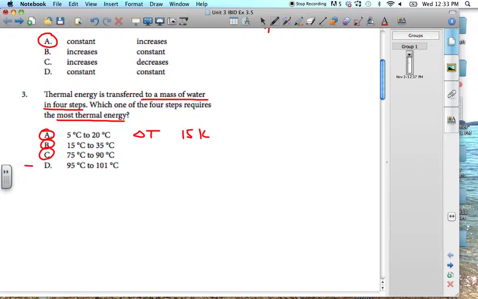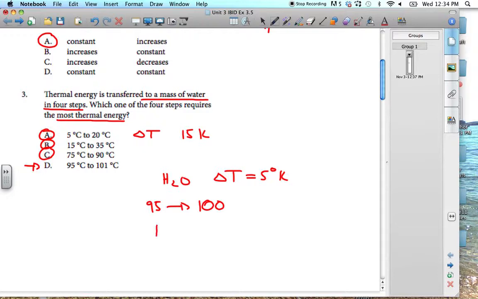But in D, it's a bit more complicated, because in actual fact your H2O is going from 95 to 100, and so your change in temperature is equal to 5 Kelvin. Then it's going to need to boil.